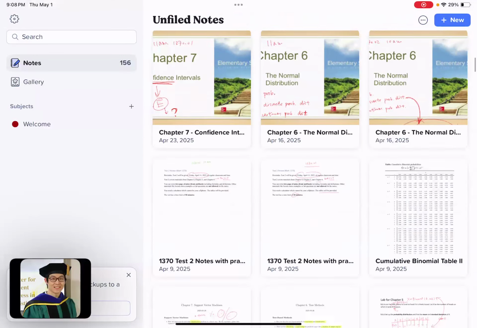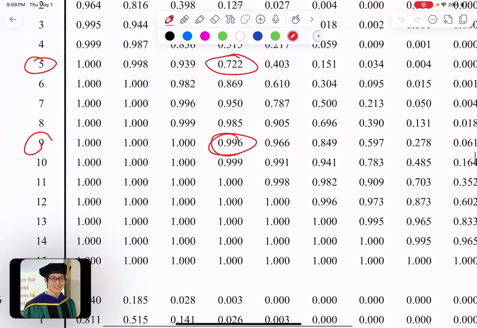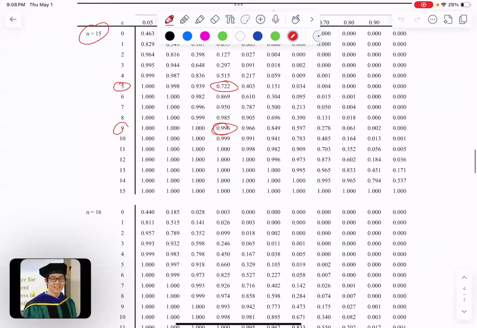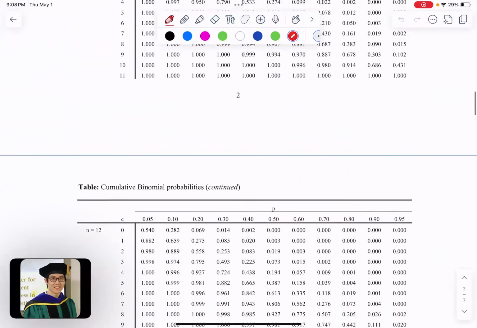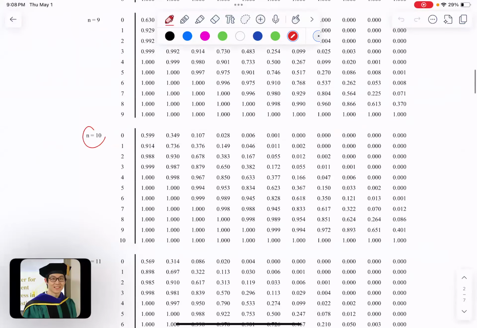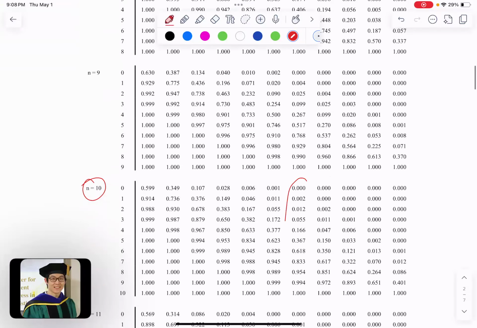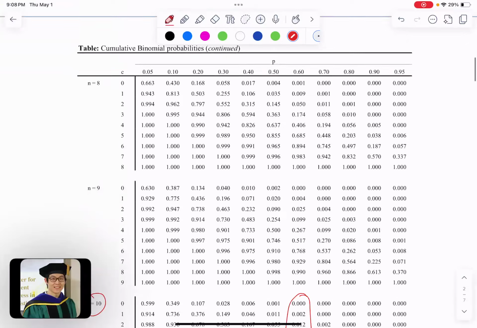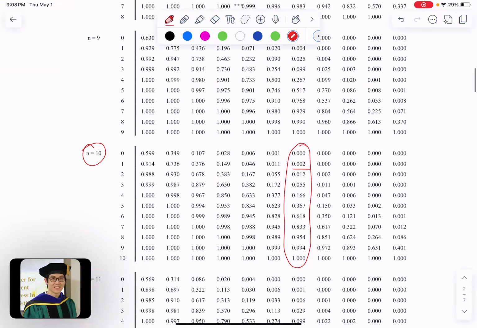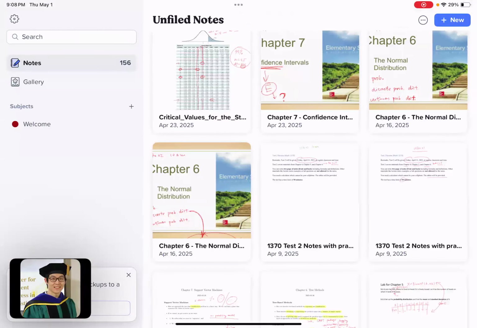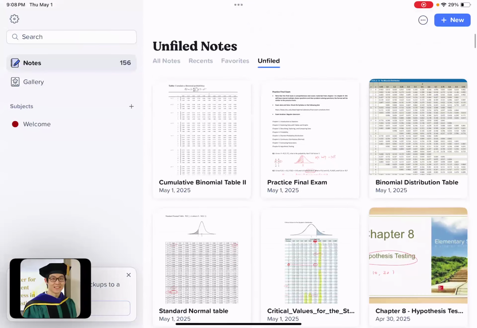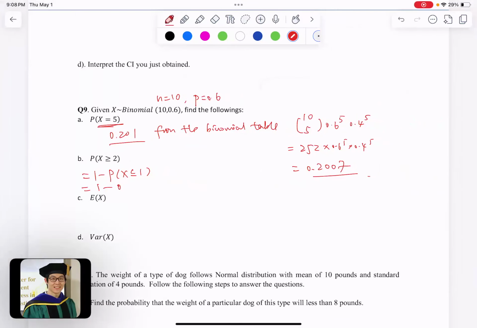So find a binomial cumulative table. N equals 10, right? Probability 0.6. So this column, right? And then 0.998.